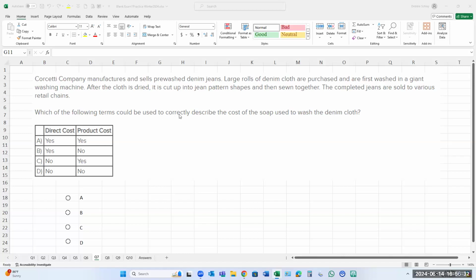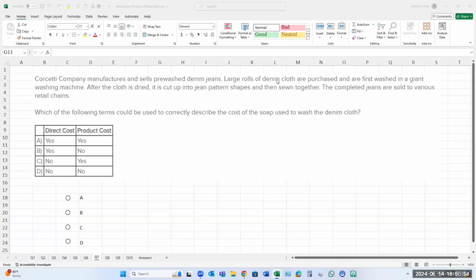Which of the following terms could be used to correctly describe the cost of the soap used to wash the denim? So this is for sure going to be an indirect cost because it's used when everything is just in one big piece. So there's no way to assign any part of this cost of the soap to one pair of jeans, which would make it a direct cost.